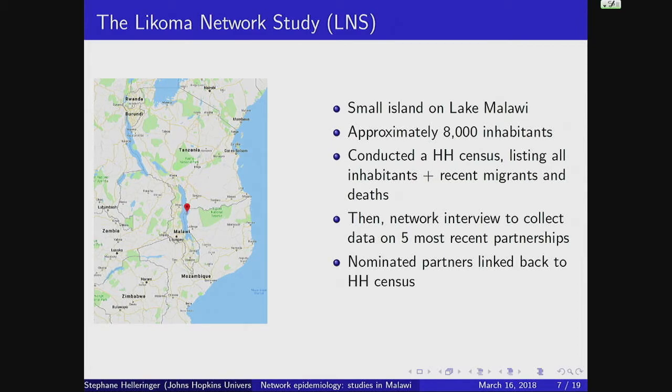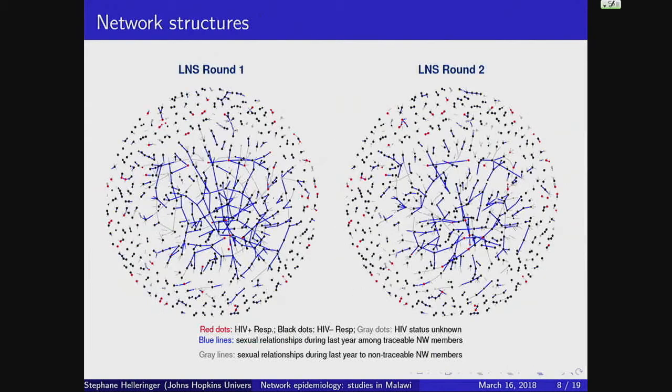And finally, we tried to link back these nominations through various name matching algorithms and phonetic name matching to the household census, so that we could then draw the map of the networks that connect the inhabitants of the island. And we did that between 2005 and 2013.